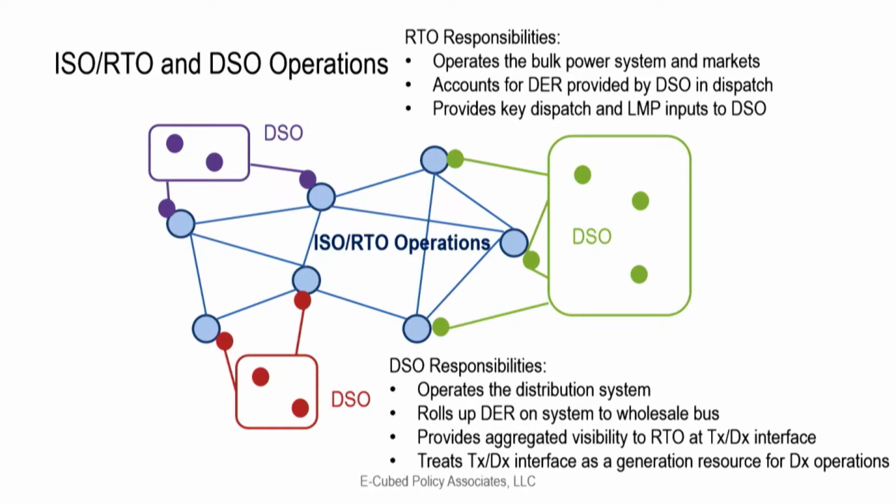But what I am suggesting is that a DSO type entity can look at its distribution system, understand where distributed energy resources are located on the system, roll that information up by interface with the wholesale bus, and provide that information to the ISO RTO from an operational perspective and a market perspective.